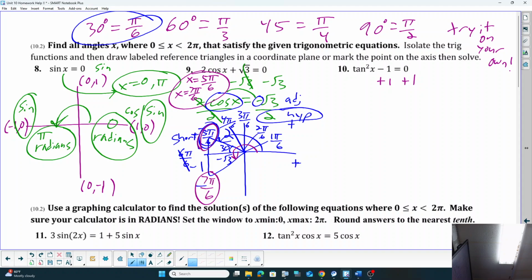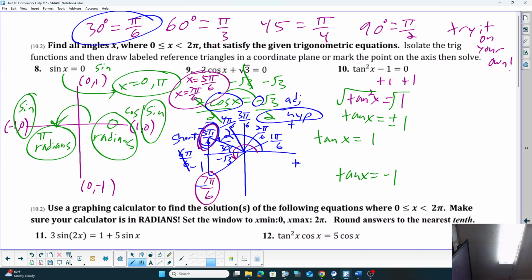So then we get tangent squared is equal to 1. Now the tricky part is you're going to have to square root both sides. Boom! And that's going to give us where tangent of x is equal to plus or minus 1. So that's going to separate into where tangent of x is 1, and where tangent of x is negative 1.